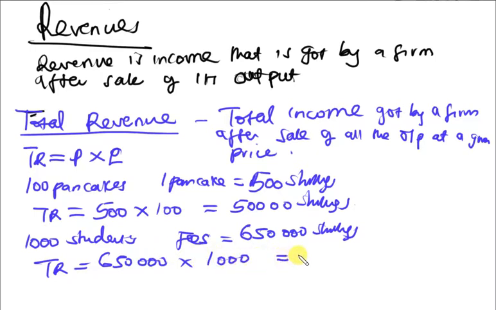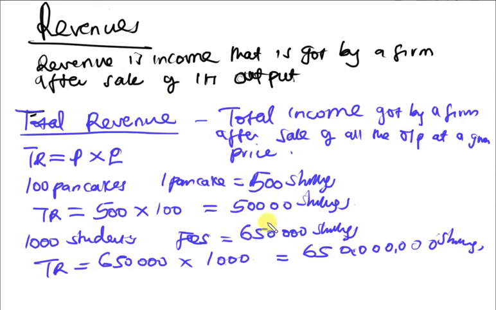So when you multiply, you have 650,000,000 as your total revenue. So this is all in shillings. So I hope you get the concept of total revenue. Total revenue is the total income got by a firm after selling all its output.